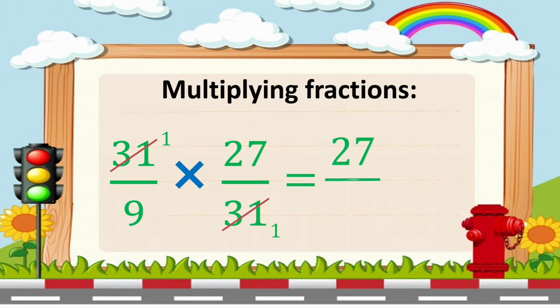And then 1 times 9 or 9 times 1 equals 9. This time, we can still simplify our answer because 9 and 27 are divisible by 9. So 27 divided by 9 is 3. So the final answer is 3.